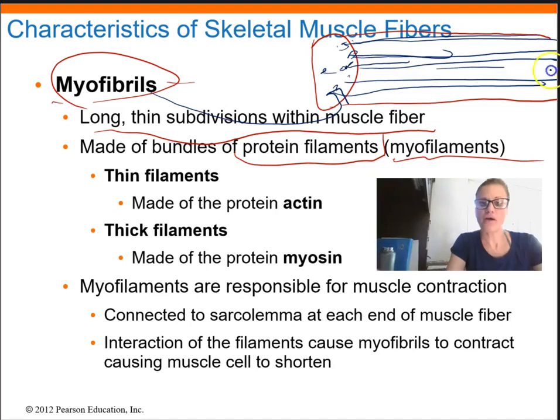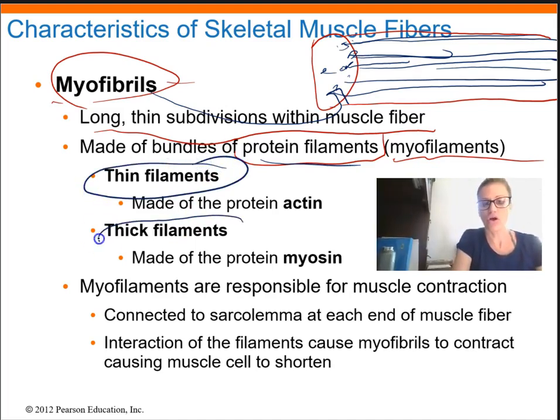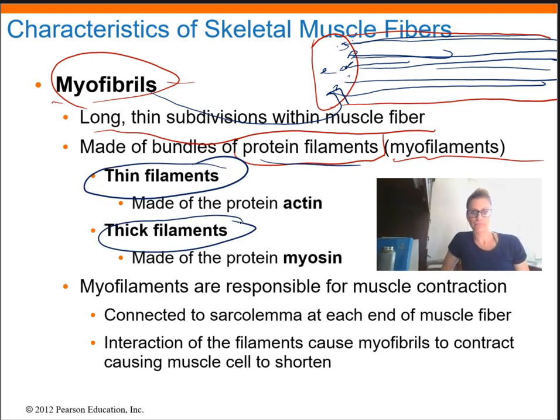Now, the myofibrils, we said, are made out of protein filaments, bundles of protein. And we can classify those bundles of protein as thin filaments or thick filaments. And again, remember I said they're going to repeat all the way down the length of the muscle fiber.